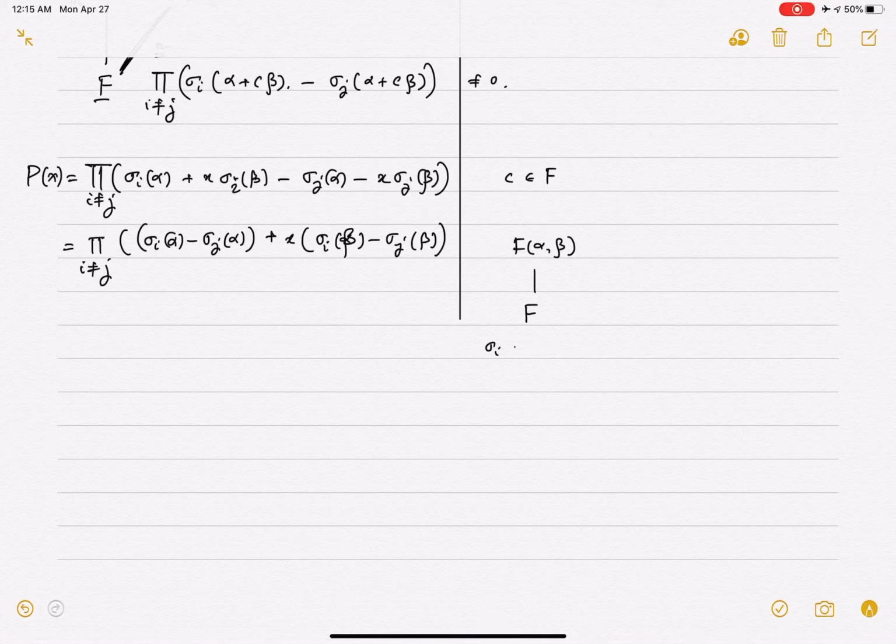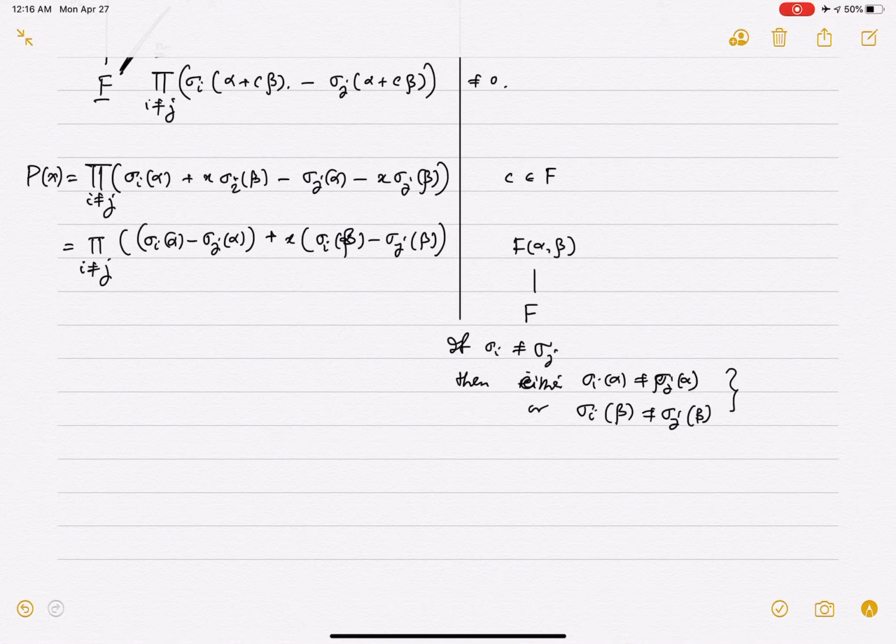So if you take sigma i not equal to sigma j, then either sigma i alpha is not equal to sigma j alpha, or sigma i beta is not equal to sigma j beta. Because if sigma i and sigma j agree on alpha and beta, then they agree everywhere, because all that you have here is F, which sigma i and sigma j cannot touch, and alpha and beta, and it's generated by those. So if your field embeddings agree on both the generators, then they agree everywhere.